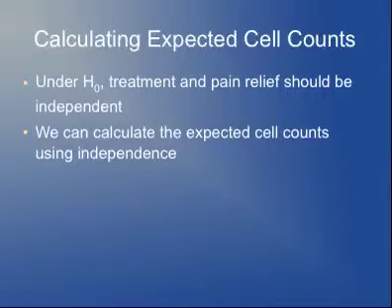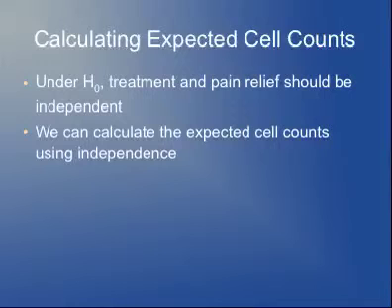The basic idea is the same as the chi-square test that we discussed previously: for each cell, you compute observed minus expected, squared, divided by expected, and add these up across cells. The question is, how do you calculate the expected cell counts in this case?